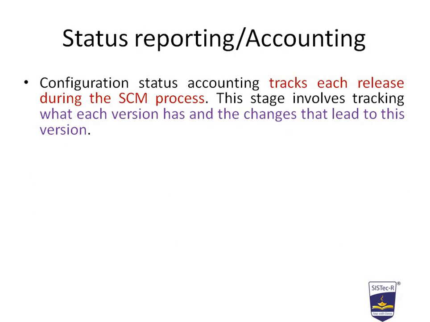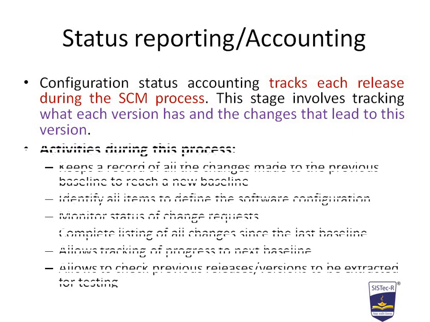Further, in the status reporting, configuration status accounting tracks each release during the SCM process. This stage involves tracking what each version has and the changes that lead to this version. So after the deployment of every version, there are some manuals deployed to introduce what the new version is having and what facilities it is providing.